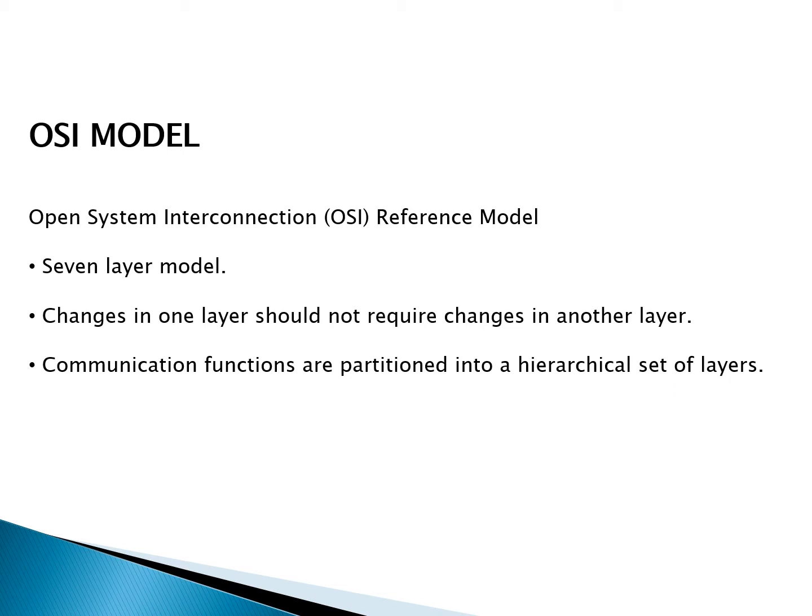In this model, there are 7 layers and there is a hierarchical relationship among these layers. This model helps to design a systematic networking model. In the OSI model, every layer uses different technology. So, if you modify the design of one layer, there is no need to change the design of other layers.